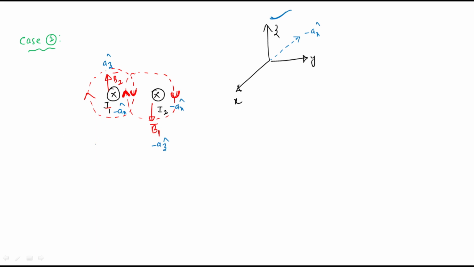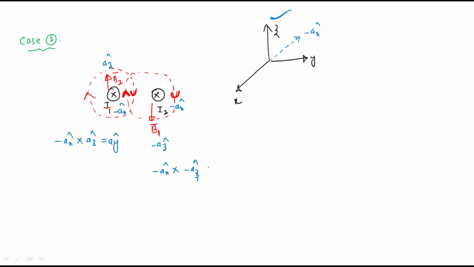So the force between I1 and B2 is minus ax cap cross az. The force between I2 and B1 is minus ax cross minus az, which is nothing but minus ax cross az, and that is obviously ay, right?